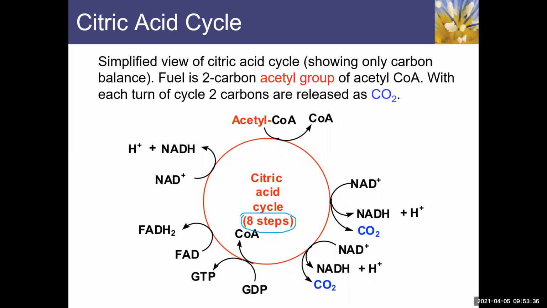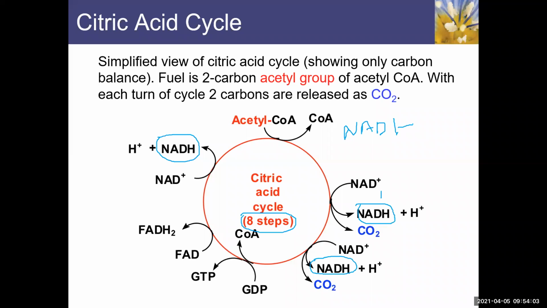Very, very important. All these things are asked in the exams: how many molecules are produced, and at which step they are produced. So we will get one NADH here, another NADH here, and another NADH here. So how many NADH will we get at the end?